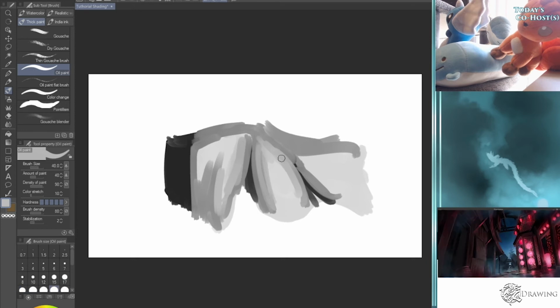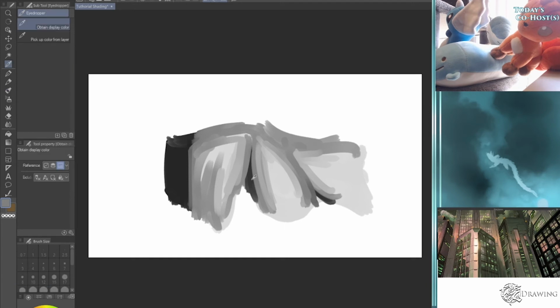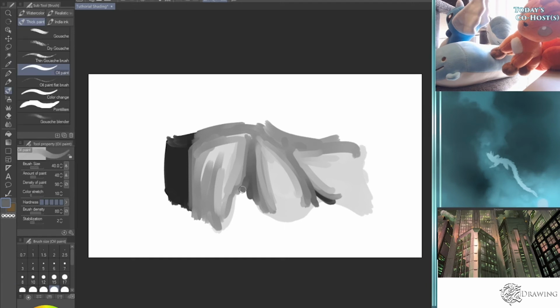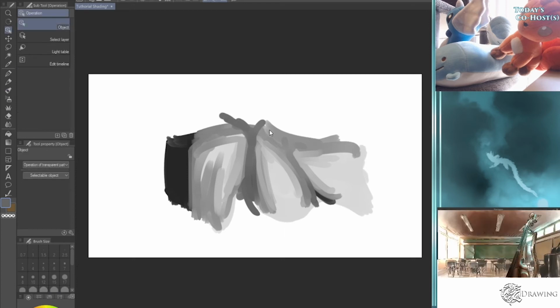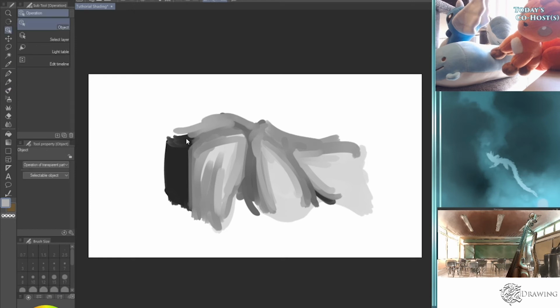Around here, the shape is somewhat soft. Here, the shape is very hard. What do we learn about the volume from this illustration?